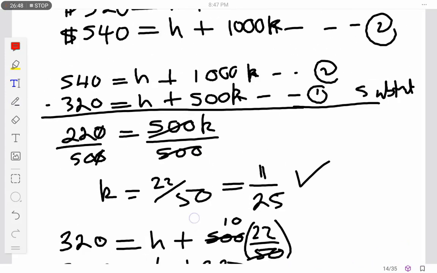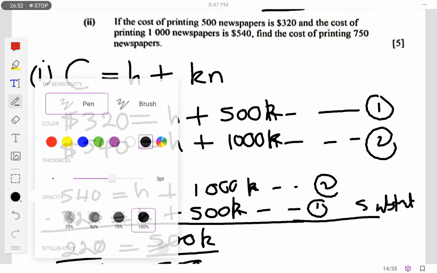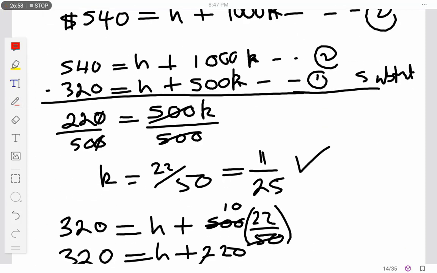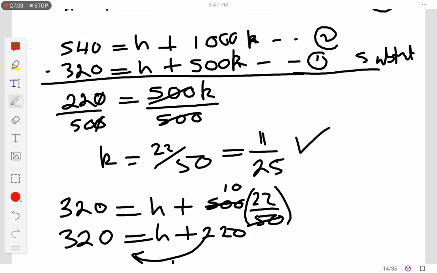Let's rewrite the relationship or the formula, this one here, using the H and K values that we have calculated. I don't have the space anymore. So we are going to write it as C is equal to 100 plus 11 over 25 n, like that.